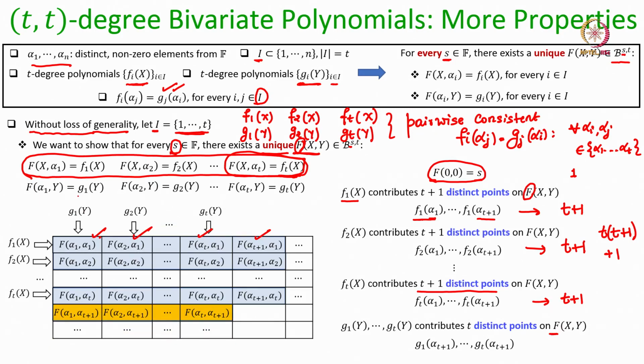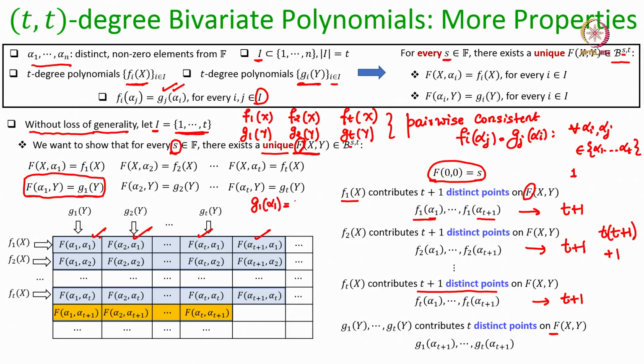Because when I say that the first y univariate polynomial should lie on that unknown bivariate polynomial, that means that g 1 of alpha 1 is nothing but that unknown bivariate at alpha 1, g 1 evaluated at alpha 2 is nothing but that unknown bivariate at alpha 1, alpha 2, and like that g 1 univariate polynomial at alpha sub t plus 1 is the same as that unknown bivariate polynomial at alpha 1, alpha sub t plus 1.